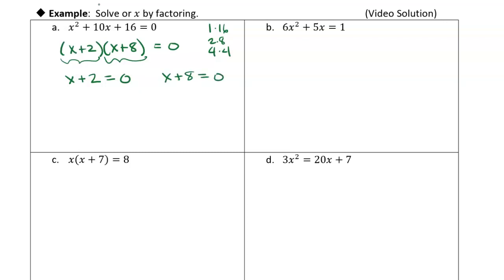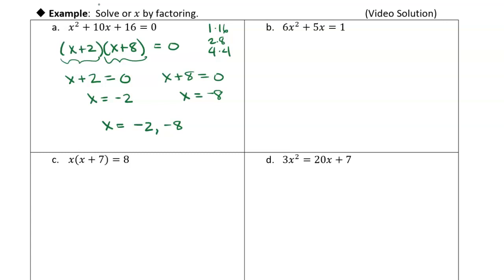Those are now just two linear equations that I can solve. I can subtract 2 from both sides of the first, and I get x equals minus 2. I can subtract 8 from both sides of the other, and I get x equals minus 8. So my solutions are x equals negative 2 or negative 8, and I'm done.